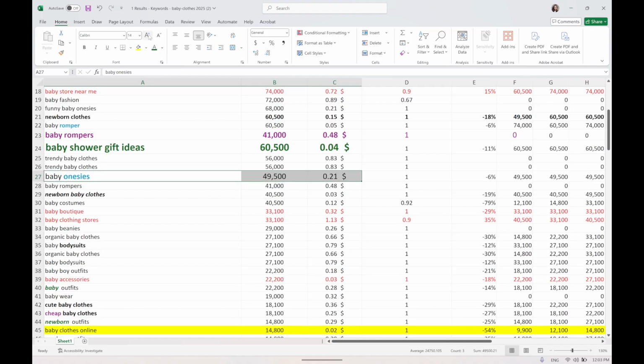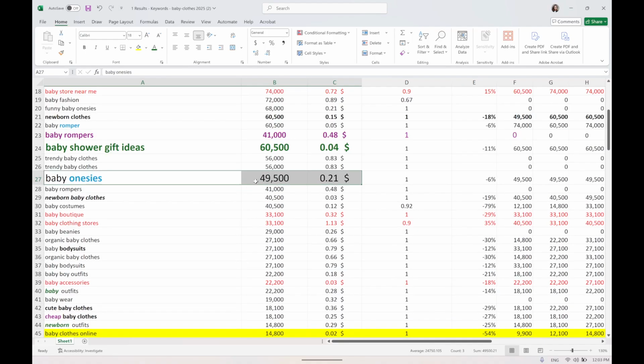You will have less search volume, but it is within your budget. I'm probably not going to bid on baby rompers due to the high CPC, but rather bid on baby onesies, and despite the relatively lower search volume, I could be a very good competitor in this area. So baby onesies is really good.